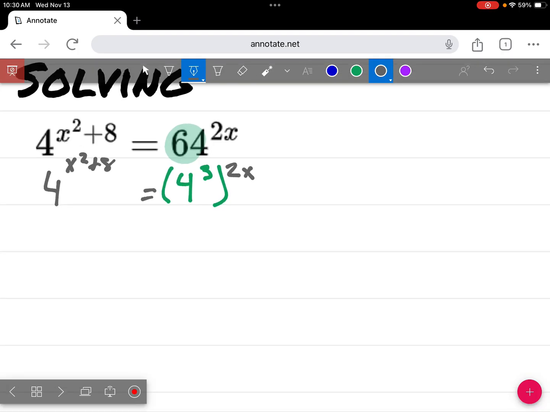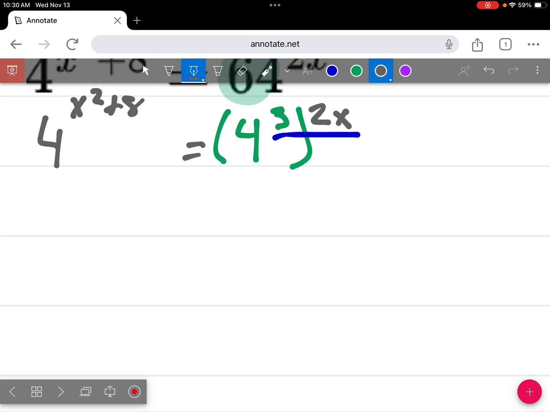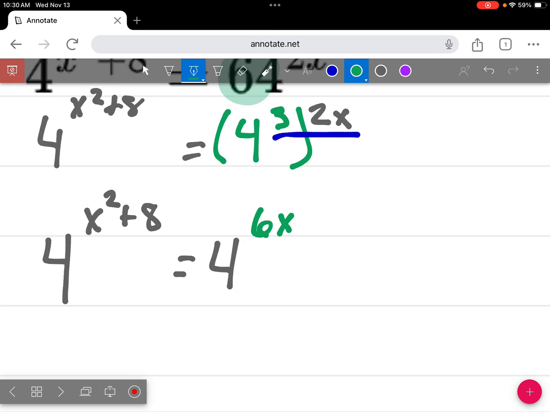Again, we multiply our exponents when we have a power raised to a power. So we have 4 to the x squared plus 8 equals 4 to the power of 6x. My bases are the same.